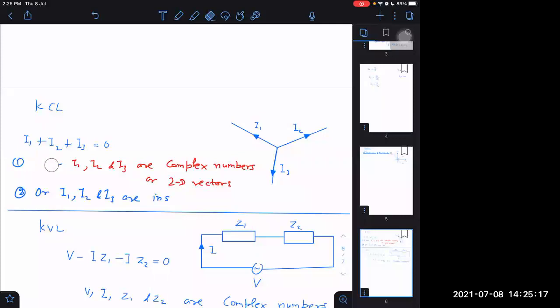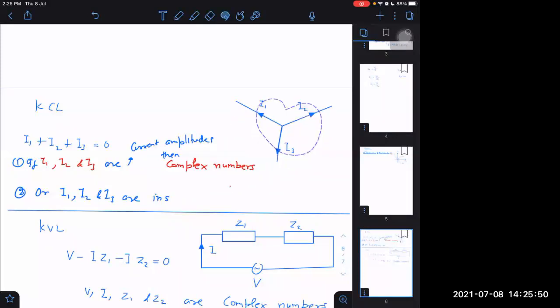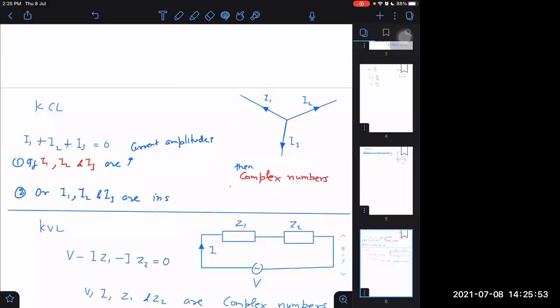I think I should say: if I1, I2, and I3 are current amplitudes, then the complex number sum of currents equals 0. Understand?